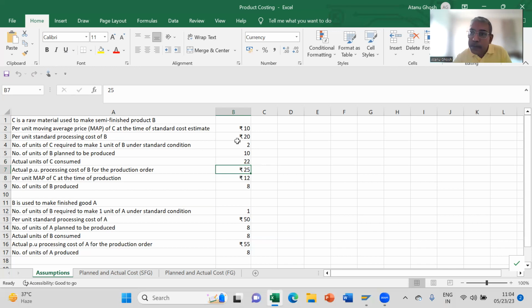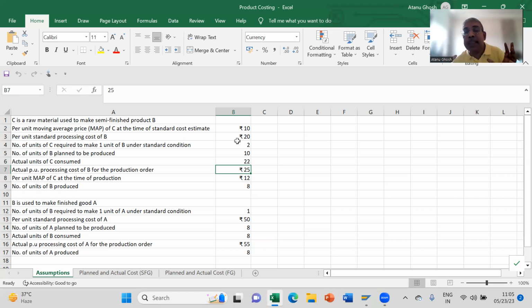Now coming to the processing cost. While actually doing the production, you saw that when the labor was supposed to work for 2 hours, the labor actually worked for 2 hours 10 minutes. Maybe the labor took 10 minutes more break time. So the actual time taken to produce was more than the standard time.